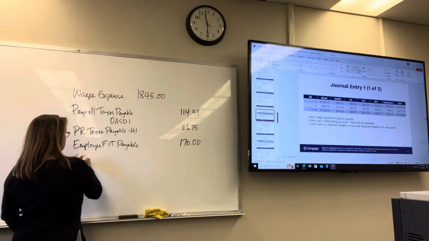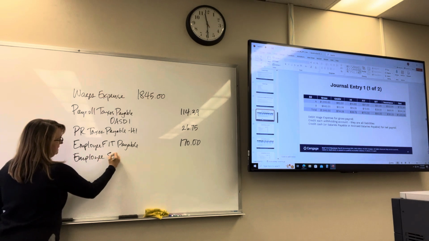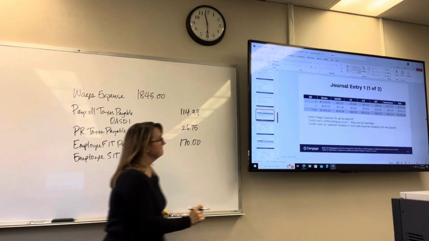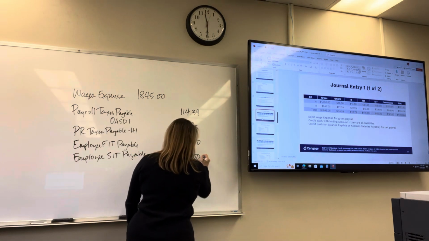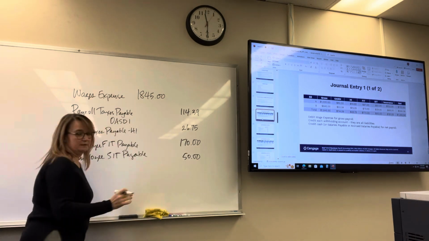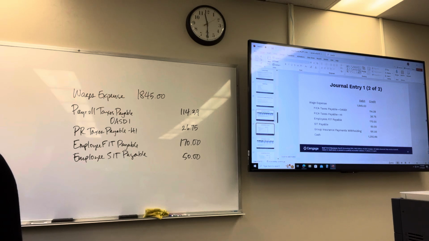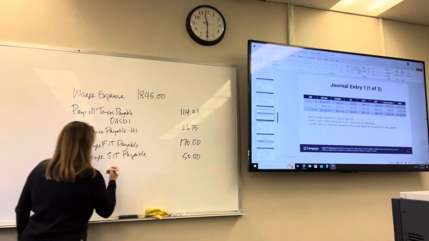And then our employee state income taxes payable, 50. And then, what are they calling this as well? Group insurance. They're calling it group insurance payments withholding. I'll talk about the reason for that in a second.